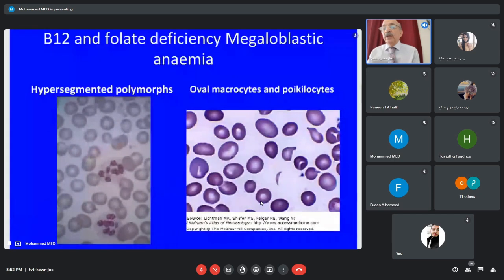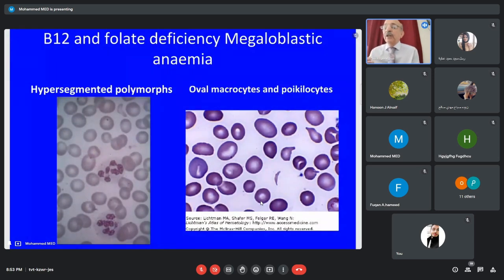B12 and folate deficiency, both of them can cause megaloblastic anemia. Megaloblastic is a bone marrow term. Macrocytic is a blood film term. Okay, so anemia could be macrocytic, but not necessarily megaloblastic. But the megaloblastic anemia is usually macrocytic.